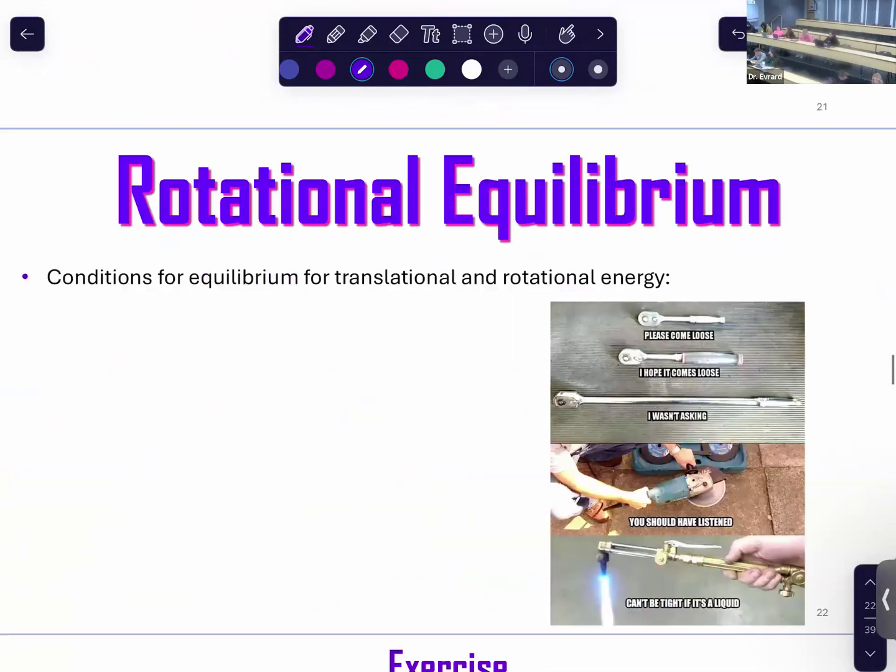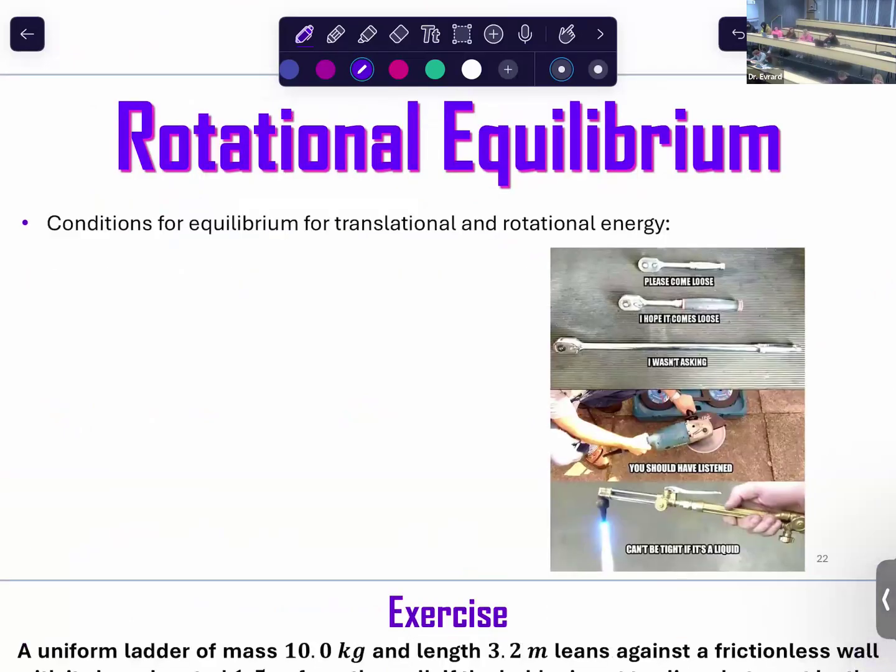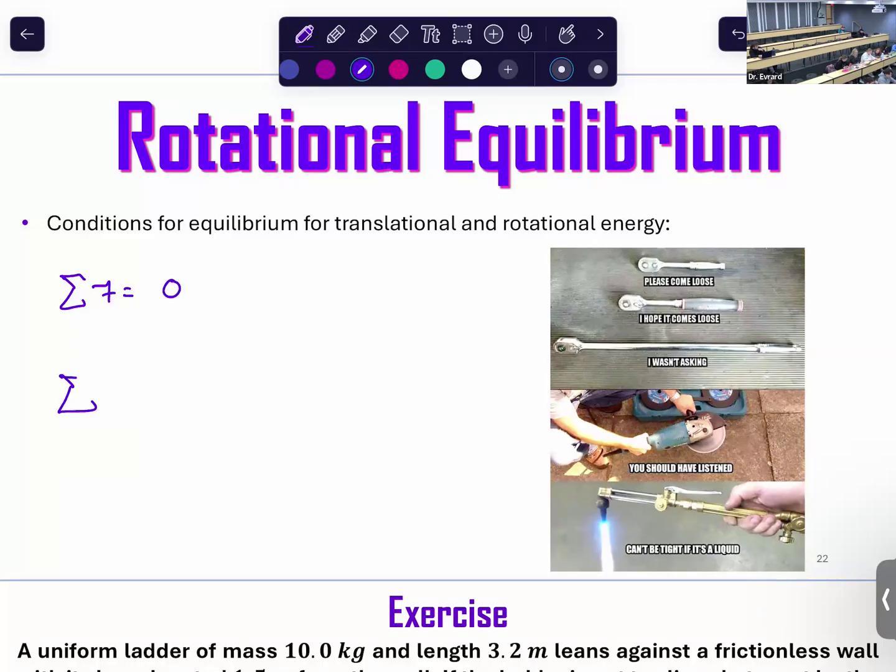Okay. Now, rotational equilibrium. So here's a question, what are the conditions for rotational equilibrium? The sum of forces has to equal 0 and the sum of torques equals 0.